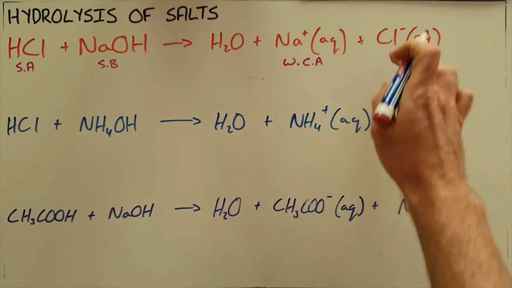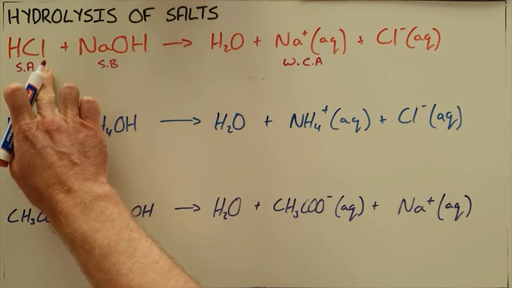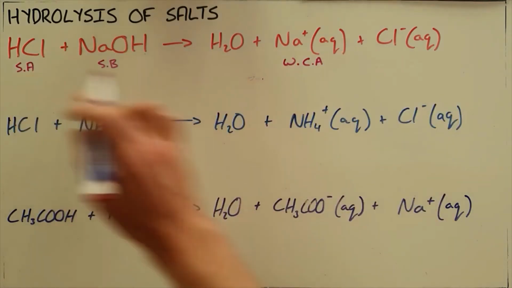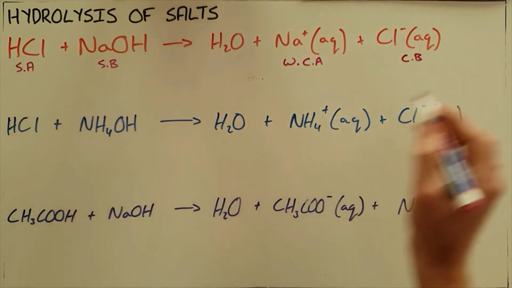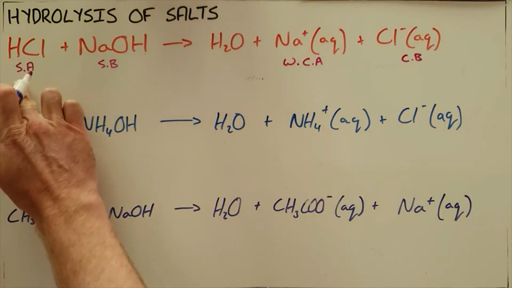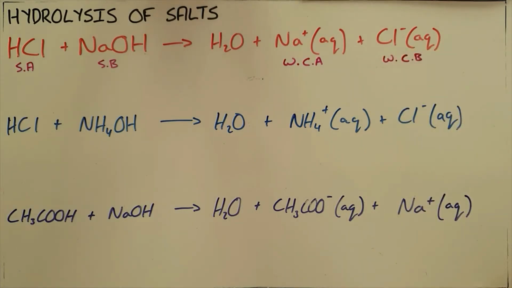In the same way, we know that the chloride ion comes from the hydrogen chloride acid, which makes them a conjugate acid-base pair, which means that this is the conjugate base for the hydrochloric acid, and once again, it was a strong acid, and therefore this is a weak conjugate base.